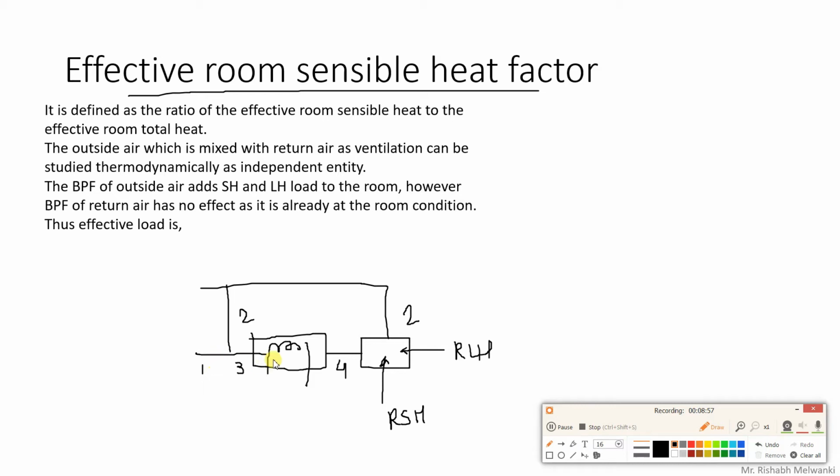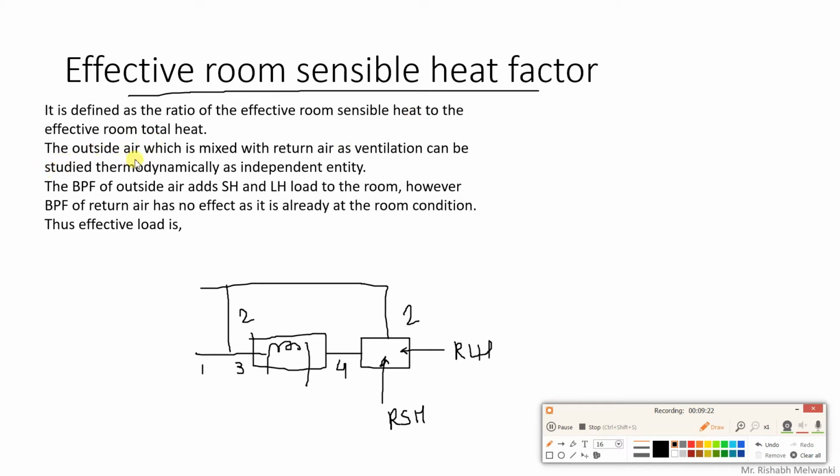But if you consider the cooling coil, some of the air bypasses the cooling coil, and that bypassed air will form the load in the room. So I'll read the definition of this. It is defined as the ratio of effective room sensible heat to the effective room total heat.